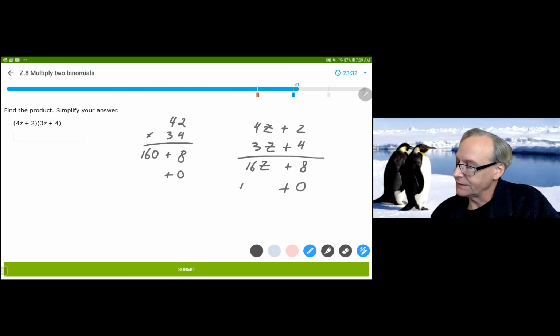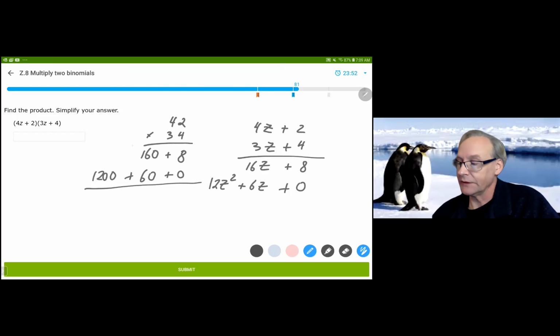3z times 2 is 6z. 3 times 2 is 6, or 30 times 2 rather is 60. And finally, 3z times 4z is 12z squared. And this, of course, is 30 times 40, which is 1200. Now, the thing is, we don't usually write it like this.